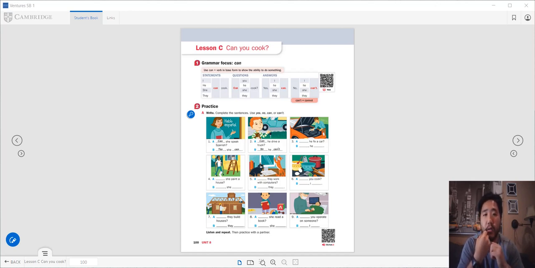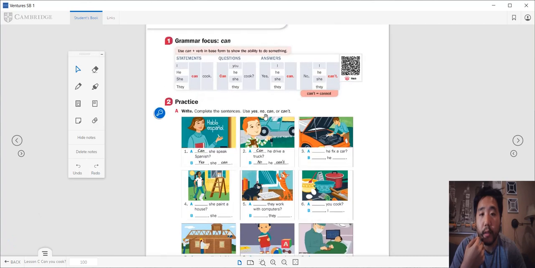She can cook, right? Those are statements that I just made. Depending on the verbs and pronouns that we use, we can make various statements, questions, and answers. From page 100 to 101, there are some exercises that we can do to practice what we just learned about can. So let's do this together. Let's begin.